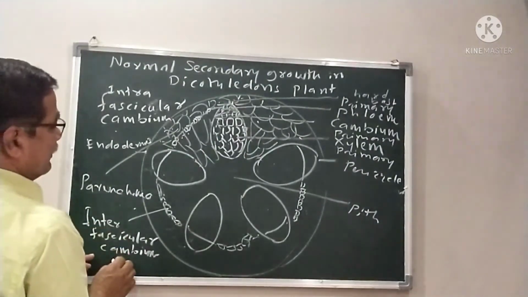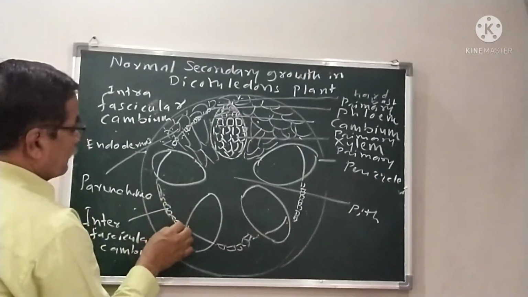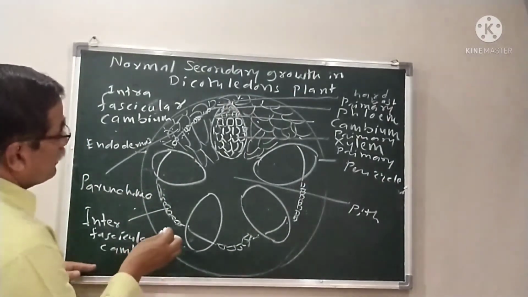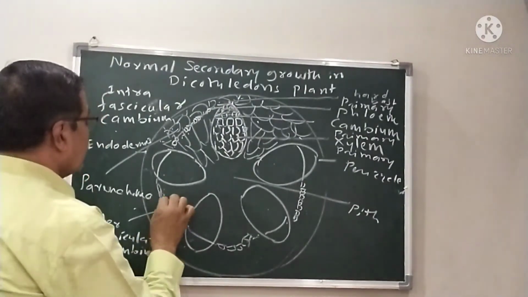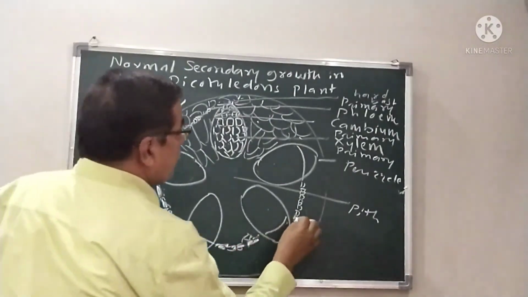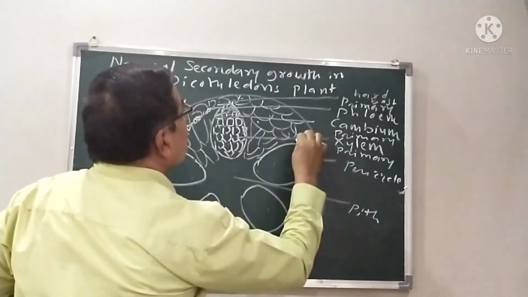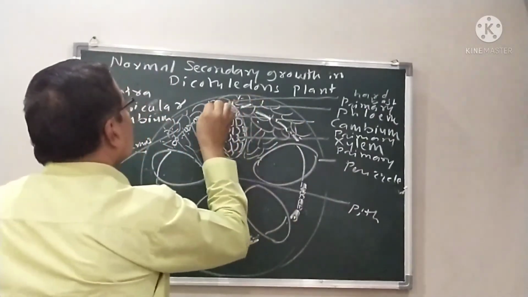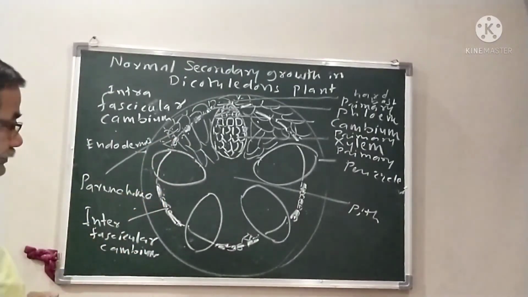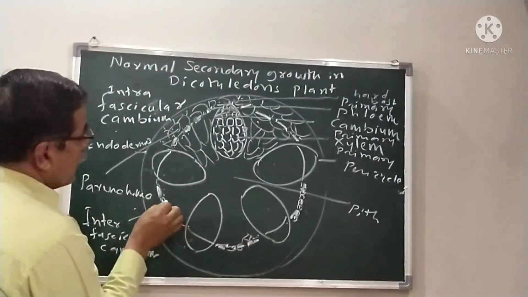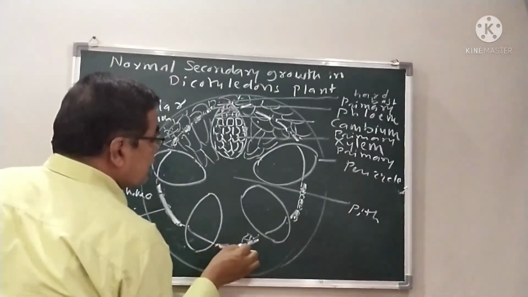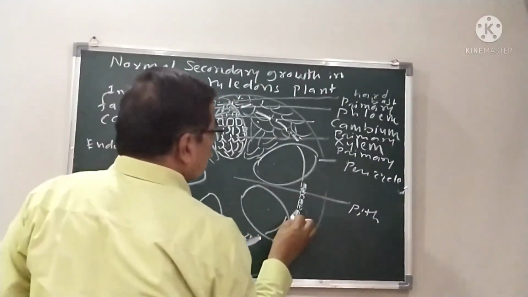The isolated strips which are formed join together and form small patches. These small patches develop adjacent to the intrafascicular cambium, and then these isolated patches join to each other.